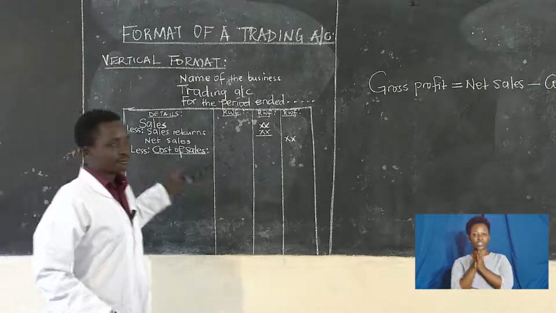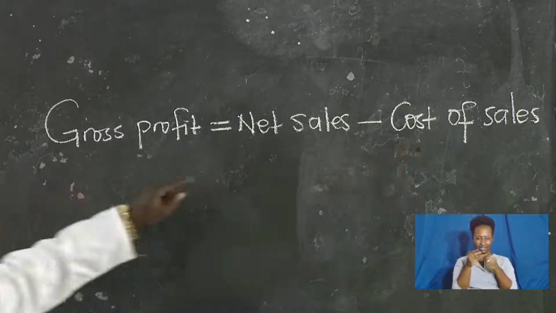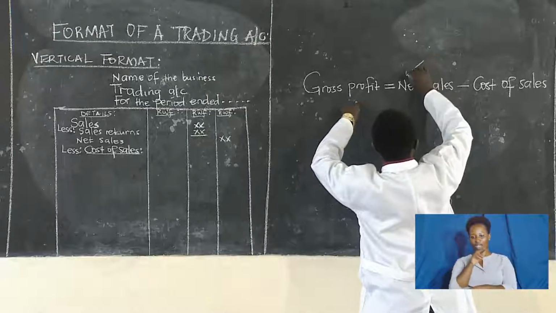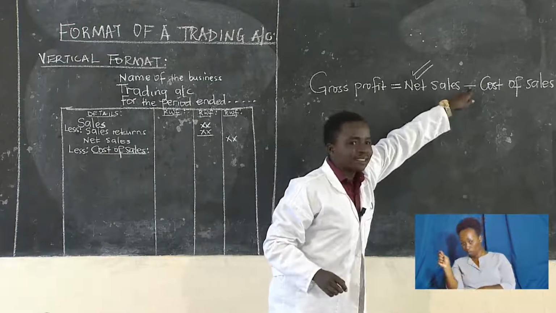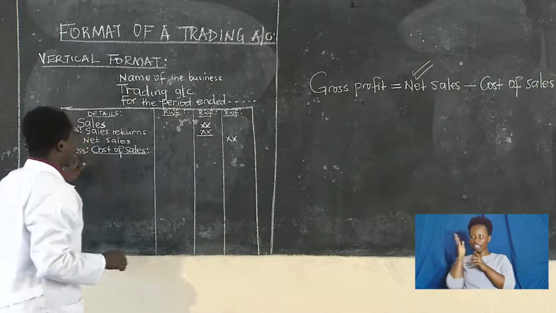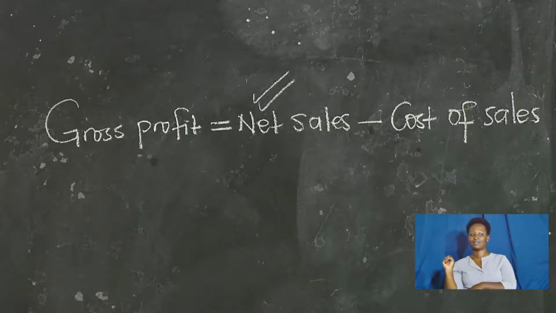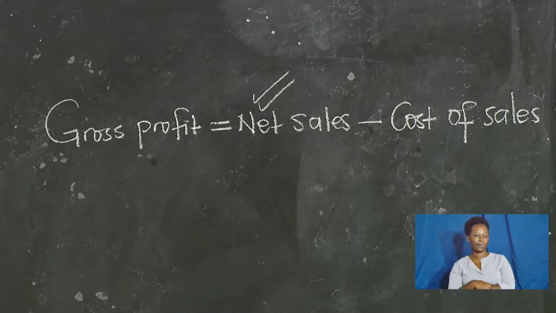And we talked about the formula for getting cost of sales. So our net sales, we have them. These are our net sales. Subtract this minus, in our formula, it is this when it comes to our table. Less, that is this minus. Net sales minus cost of sales.